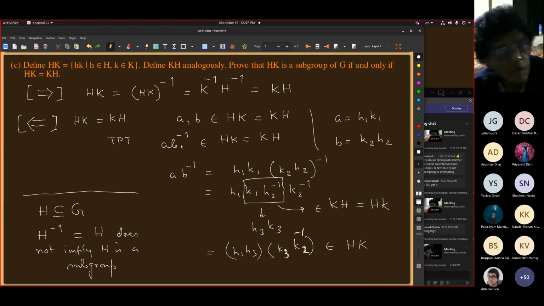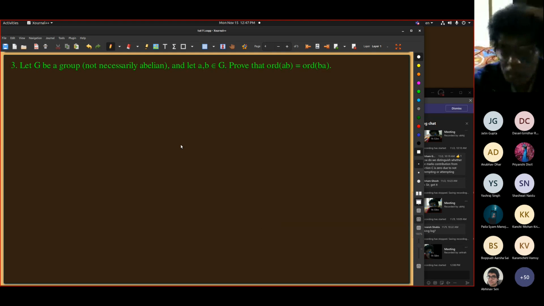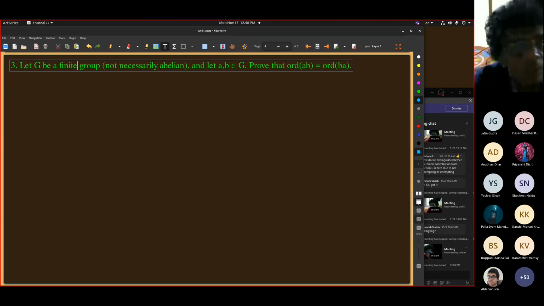Okay, maybe we just have time for another exercise. So let G be a finite group. Of course, without finite group, let us stick to finite groups. So I will just change it to this. The finite group. Then consider two elements A, B in G, and their products AB and BA.